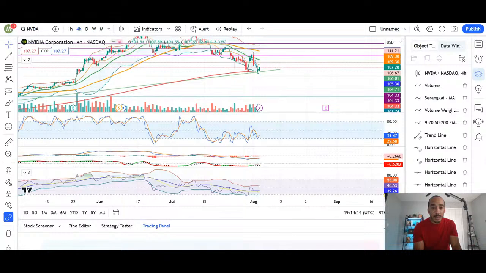Then the blue line crosses back over, and the stock goes in that direction. Crosses back down, and the stock goes in that direction. Now it's crossing back up. So you want to catch the trade when it's crossing right back up. NVIDIA is crossing right back up. It's at the level of support, and it's at the bottom of the Bollinger Bands.